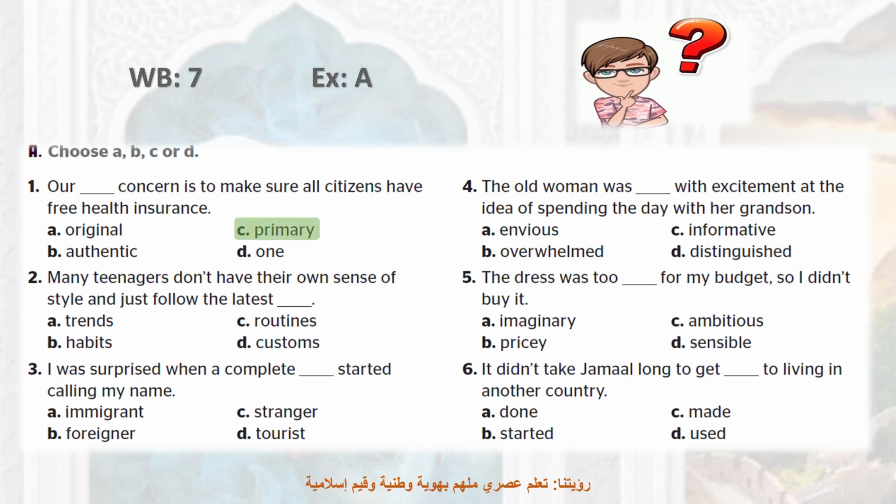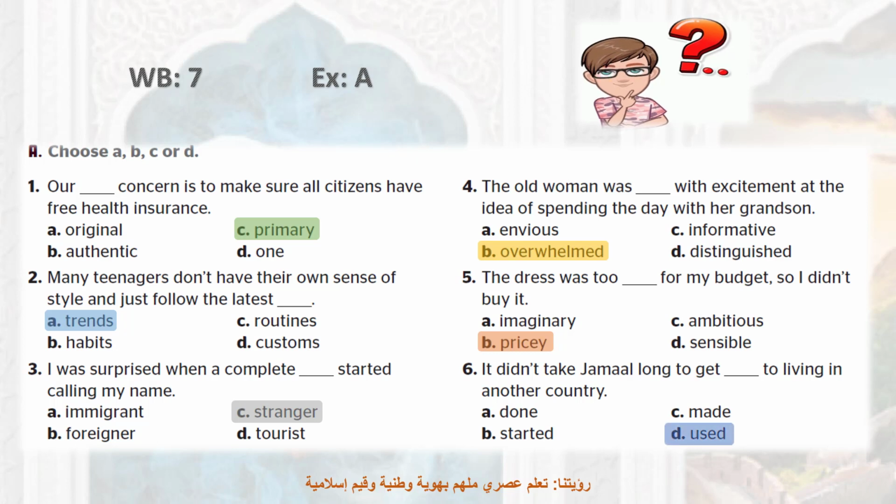Number 2, A, trends. Number 3, C, stranger. Number 4, B, overwhelmed. Number 5, B, pricey. Number 6, and the last one in exercise A, D, used.